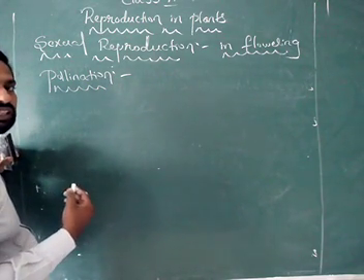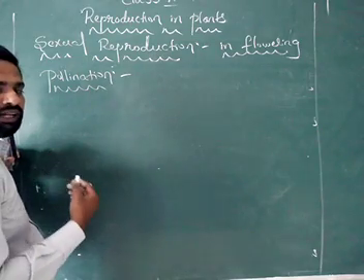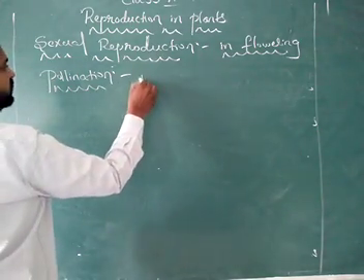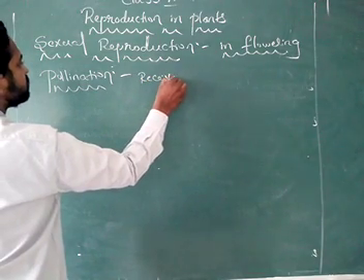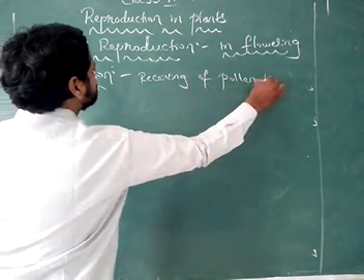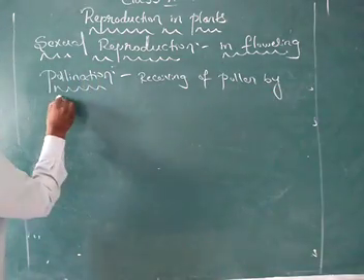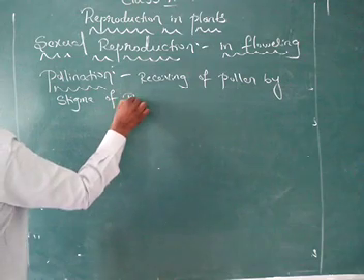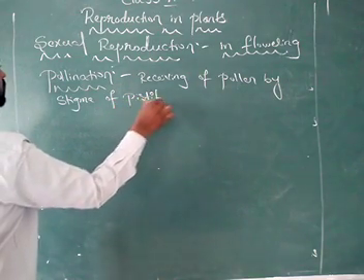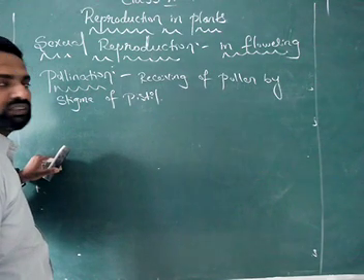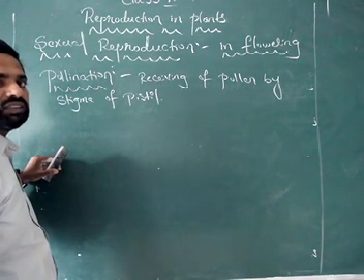Pollination is the receiving of pollen by the stigma of the pistil.